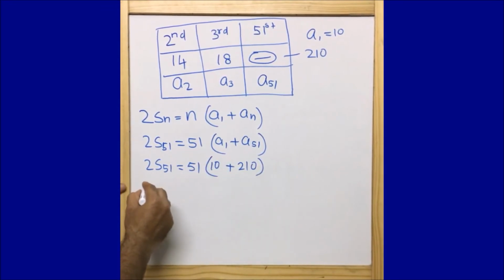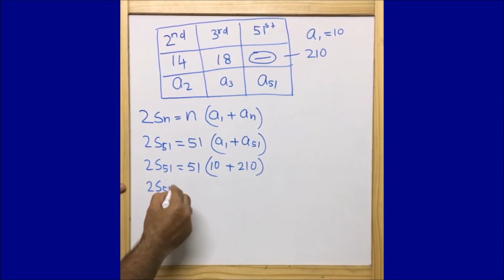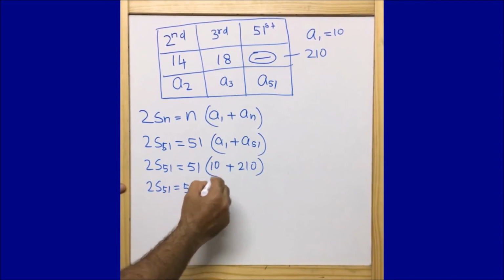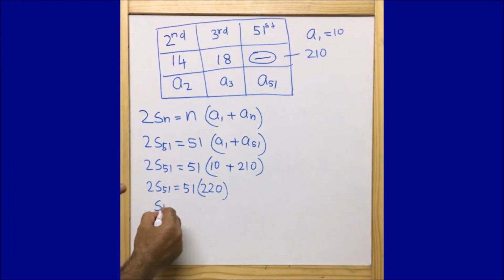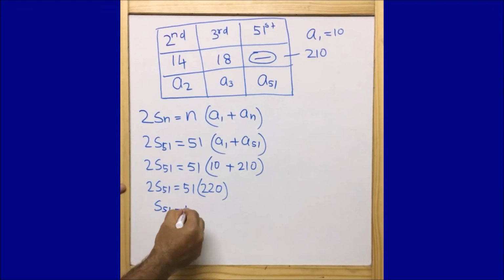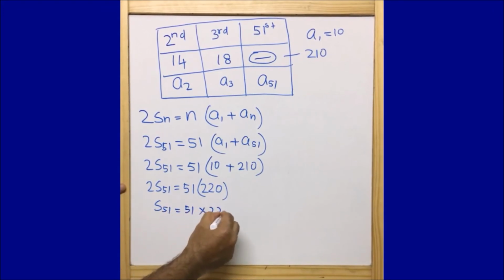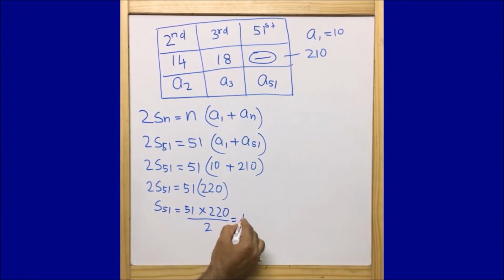Or I can write 2S51 is equal to 51 into 220, or S51 is equal to 51 into 220 by 2, that is equal to 51 into 110.